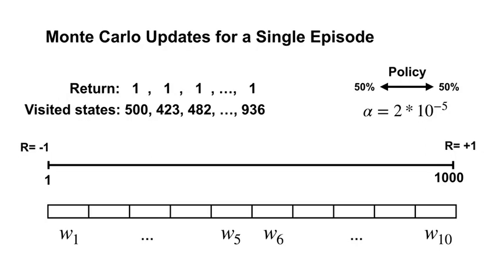All other transitions generated 0 reward. Our first update is to state 500, which belongs to group 5. So we perform a gradient Monte Carlo update to that weight based on the sample return of 1. We do updates like this for every state in the trajectory. Eventually, we finish with state 936, which was the last state we visited before terminating. Since state 936 belongs to group 10, the last update we make is to weight 10.